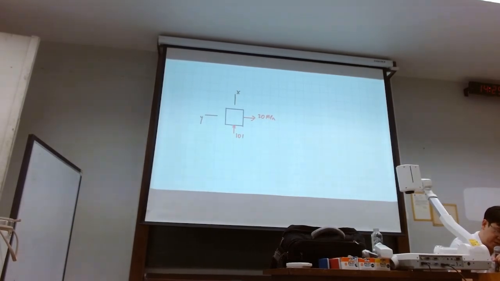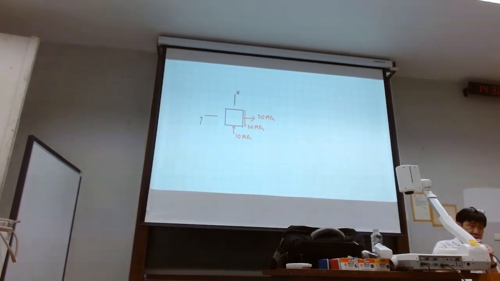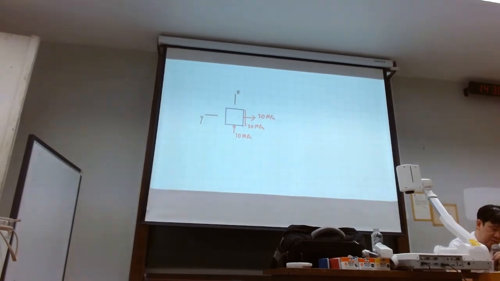And I have 10 MPa, and this is 30 MPa. My question, quite straightforward, is for you to complete this stress element. This is an incomplete element. I want you to list out the stress in x, the stress in y, and tau xy.